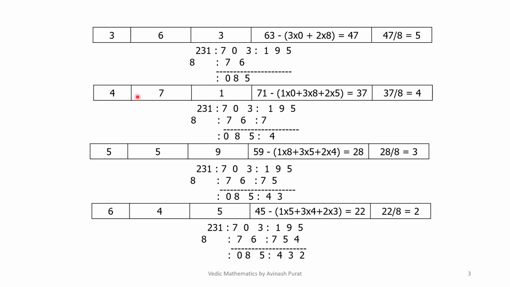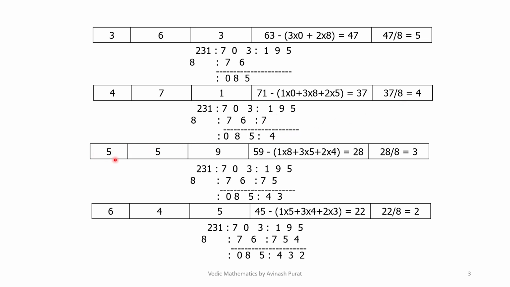Now fourth step, 7 is remainder, 1 is dividend, so 71 minus 1 into 0 plus 3 into 8 plus 2 into 5 equal to 37 is dividend. 37 divided by 8 equal to 4 is the quotient.